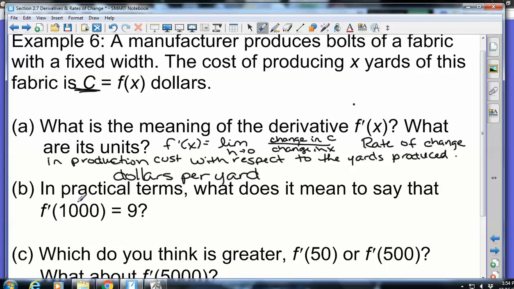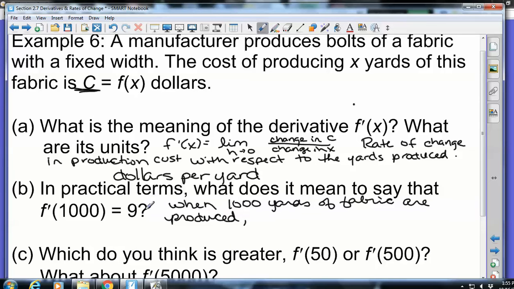So what does the 1,000 represent? x, which is the yards, right? So when 1,000 yards of fabric are produced, it equals 9.